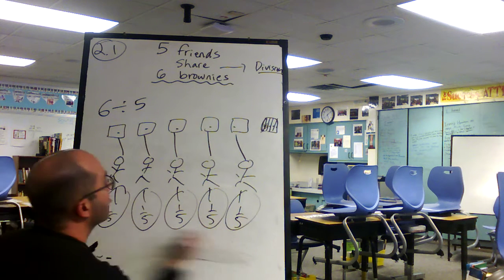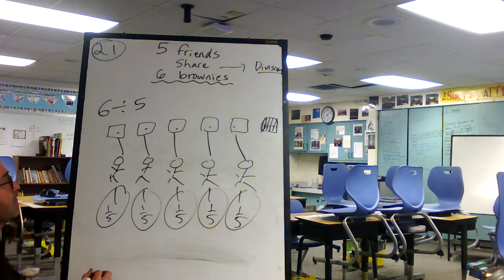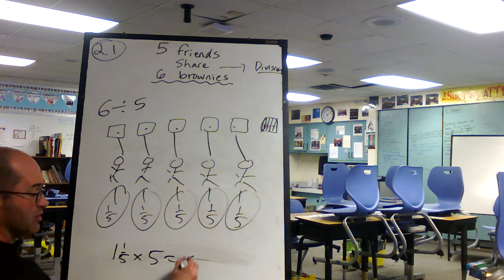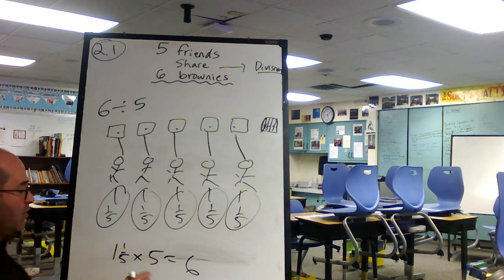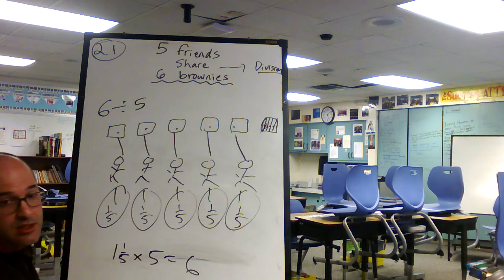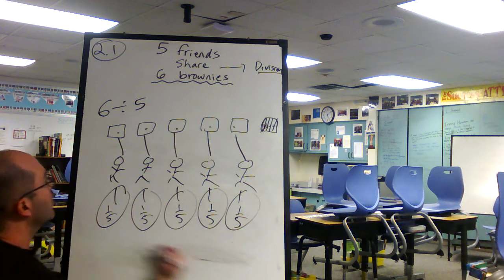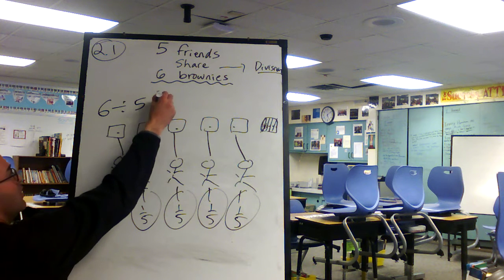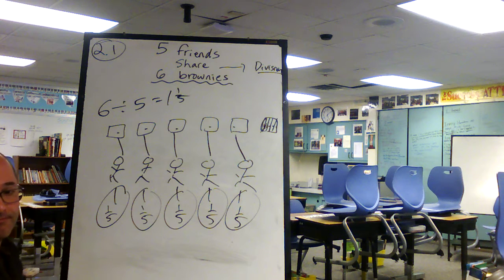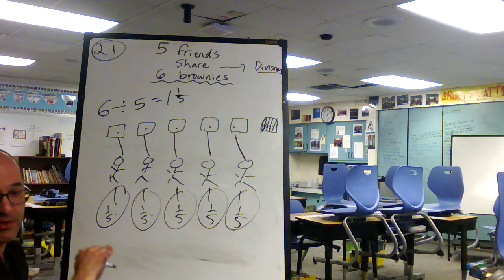Or you could say, for the equation, 1 1/5 times 5 equals 6. Same thing. 5 times 1 is 5, and 5 sets of 1/5 is another whole, which would add up to 6. And the equation 6 divided by 5 would equal 1 1/5. That's the division equation. That's one way to solve it, with a representation.